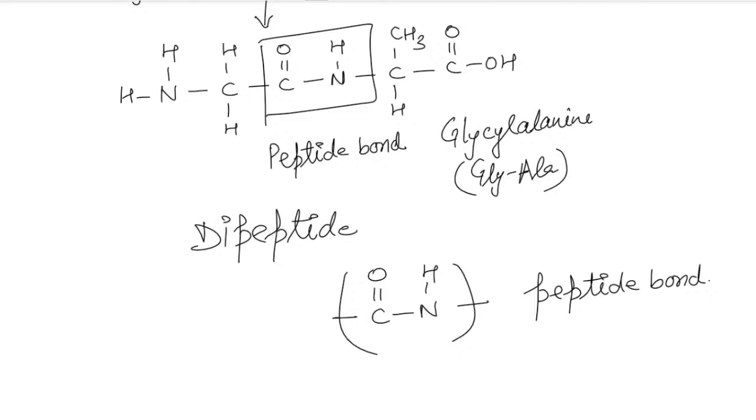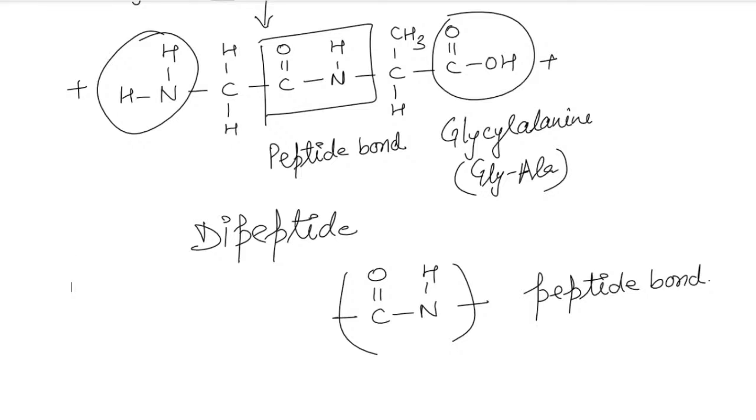In both the dipeptides, there is one free NH2 at one end and a free carboxyl group on the other end, and these groups can further react with appropriate functional groups of other alpha amino acids. It reacts with NH2 and this reacts with COOH, and we get tripeptide, tetrapeptide, pentapeptide and so on. And if many are combined together, that is called a polypeptide.